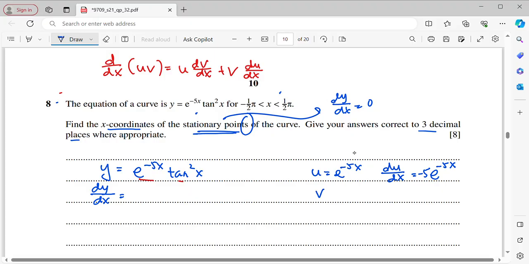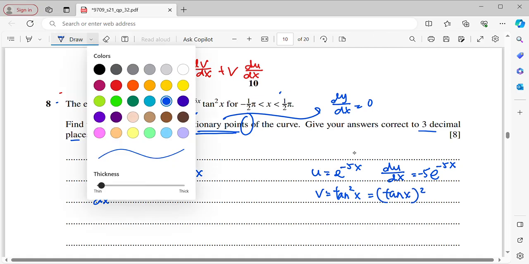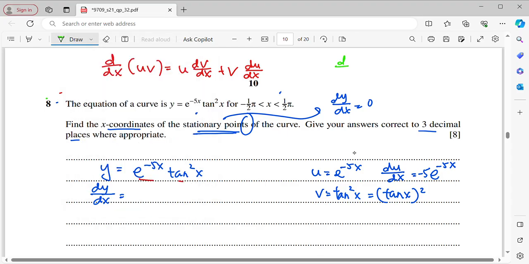And then now the v is tangent square x. This tangent square x is the same as the square of tangent x. So to differentiate this kind of function, we need to apply the power rule. Power rule is to differentiate f(x) to the power of n: it will be n f(x) to the power of n minus 1, then f prime x.